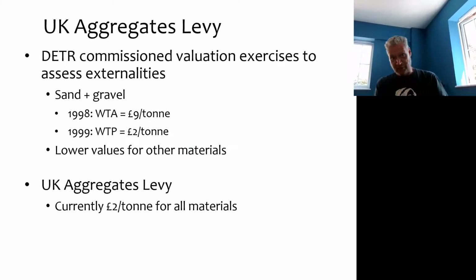And that is what the UK government has done, and essentially has commissioned a range of valuation exercises where people try to estimate what is the monetary value of those externalities.